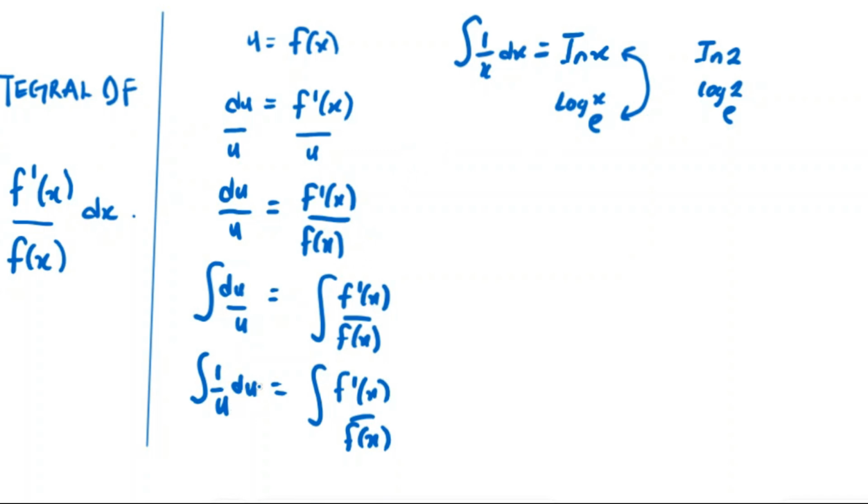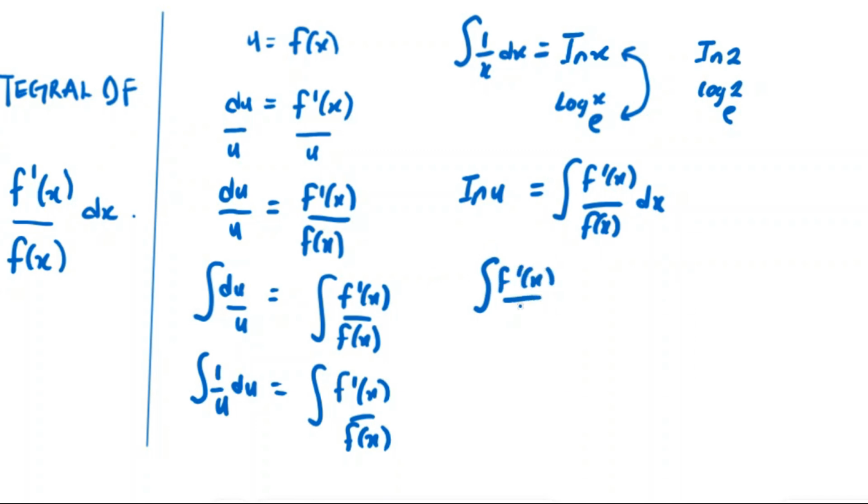Integral 1 over u du is definitely going to give us ln u, which is equal to integral f prime of x over f of x, and we know that we are integrating with respect to x. So if we swap sides, it means that integral f prime of x divided by f of x with respect to x is the same thing as ln u.